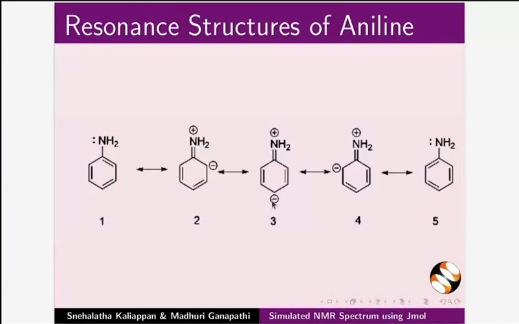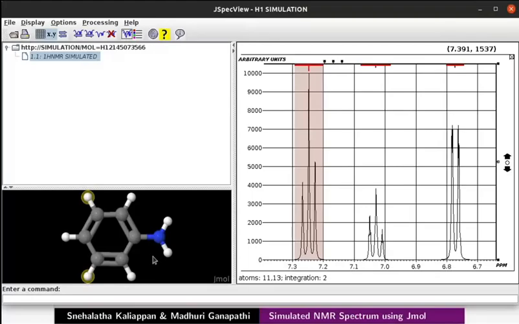Please refer to the additional reading material for more information. Back to the JSpecView window. The ortho and para hydrogen atoms are shielded when compared to meta. Hence, they appear upfield.